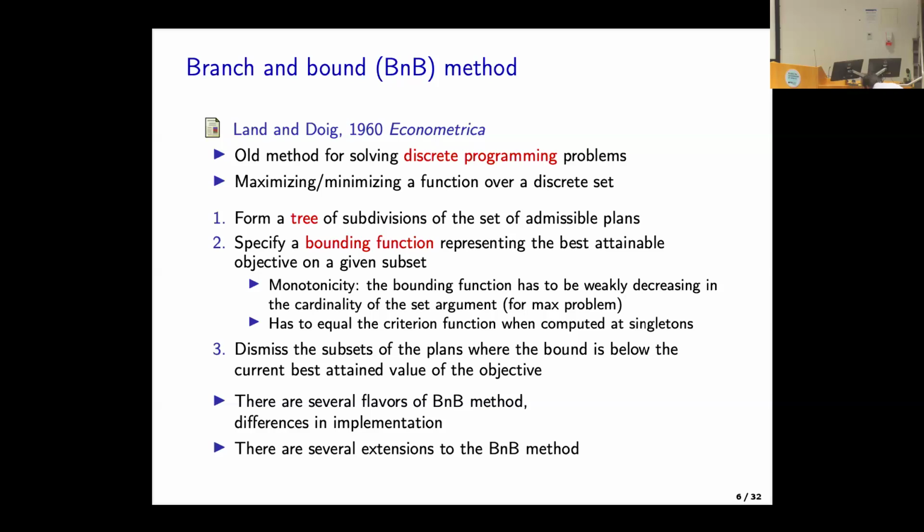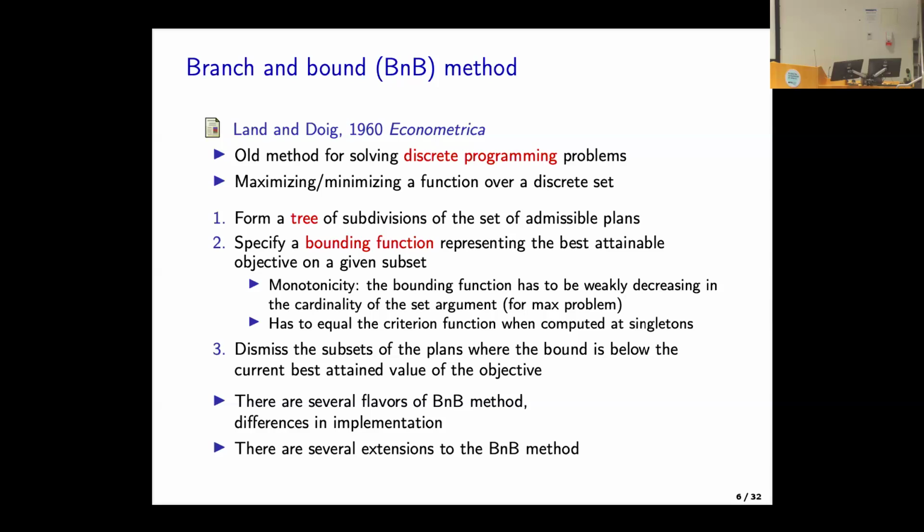So the idea is that you may have a tree of subdivisions of the set of admissible plans. Now, these admissible plans will include these integer values, right? But it's still possible to subdivide this big set of admissible discrete actions in such a way that you can specify a bounding function, which is there to represent the best attainable objective on any given subset.